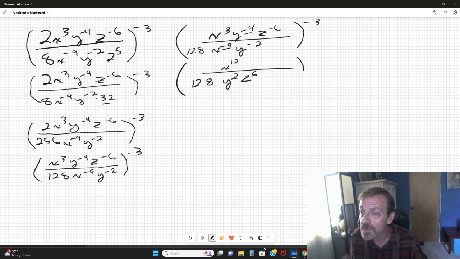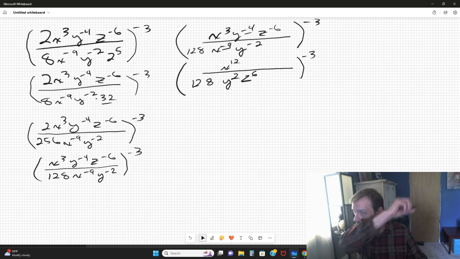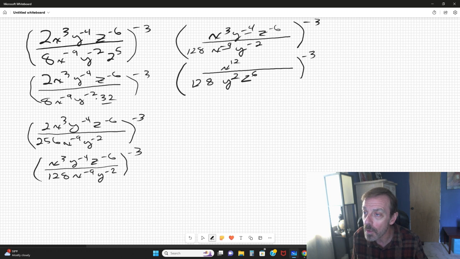So x to the 12th over 128, y to the second, z to the 6th, whole thing to the -3. Now I'm going to use that -3 and distribute it across the whole thing inside the parentheses. There's my division line. So x to the 12th times -3 gets x to the -36.